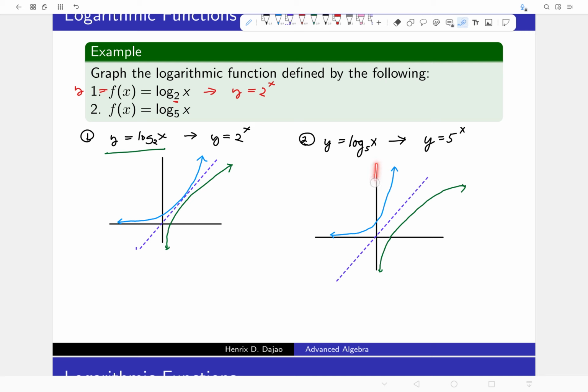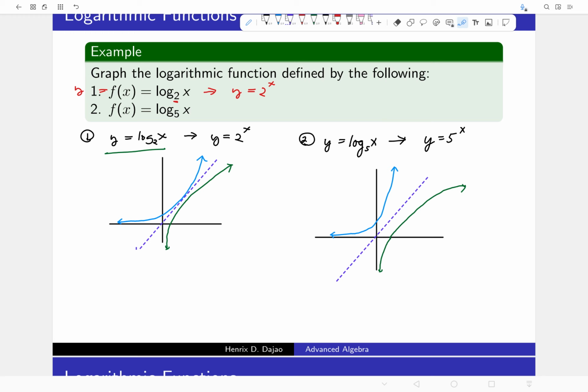And its vertical asymptote is the y-axis itself, because that's the characteristic of a logarithmic function. It has a vertical asymptote, in this case x equals 0, except when we have translations later. So the asymptote will move to the right or to the left. Okay, so now the graph of this equation is this one. And so we're done.